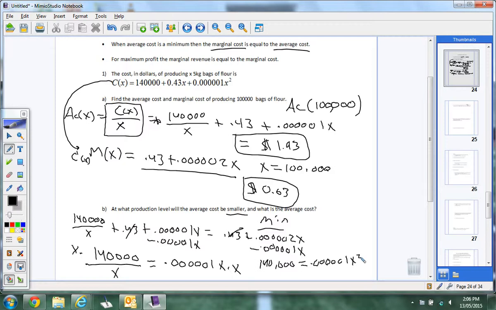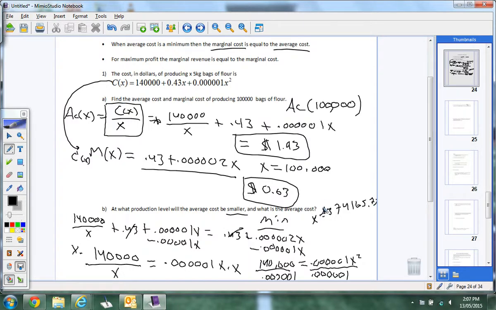So I divide this big decimal here. Yep. Okay, and when you square root, you're going to get 374,165 and 73 cents or whatever.